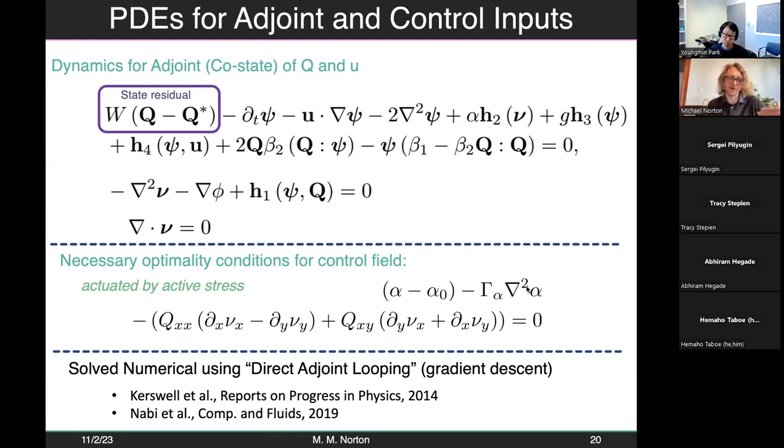You propagate your errors, you update your active stress, and then you do that until you converge to a solution. It's a pretty cost-intensive way of doing things, but it's better than doing a completely brute force search, where you are numerically calculating derivatives of your penalty function with respect to alpha.